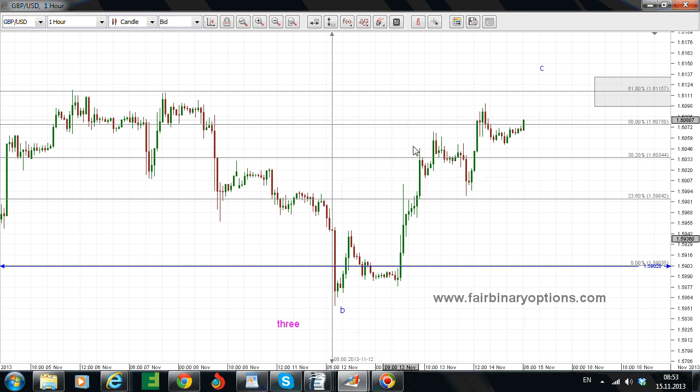It is not 1, 2, 3, 4, 5, because you need at least one wave to be extended. And in order to have one extended wave, you need to have also the third wave to be an impulsive move, but the third wave there is not an impulsive move.